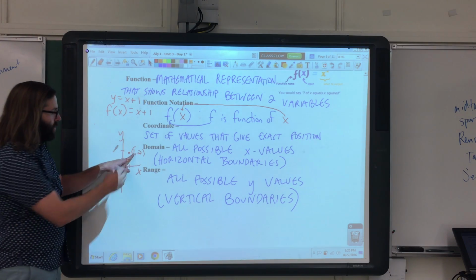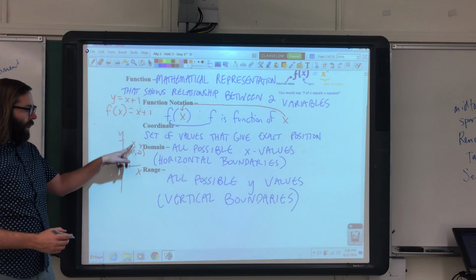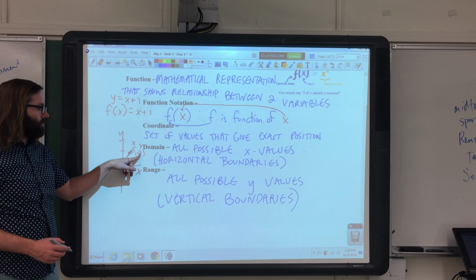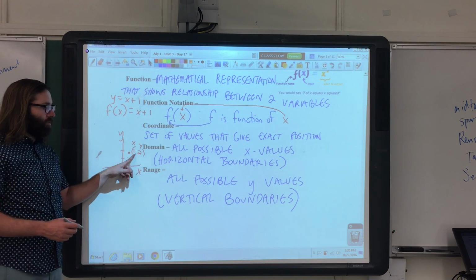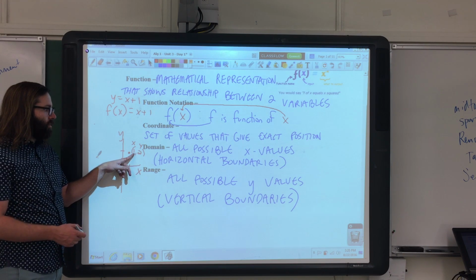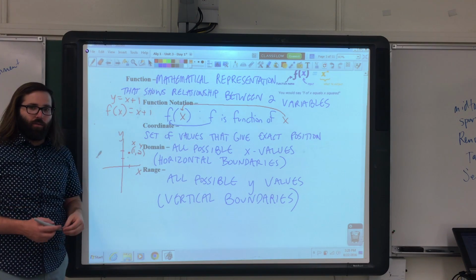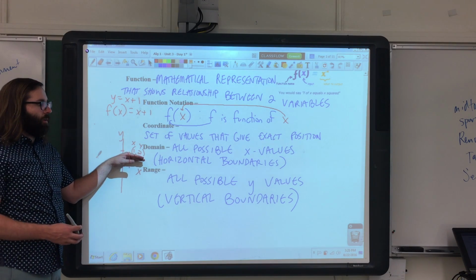Okay? This gives you your x, and so x is 1, y is 2. So a coordinate just tells you an exact solution. So if x is 1, y is going to give you 2. If x is 1,000,000, y might give you 2,000,000. Okay, it just tells you an exact location.